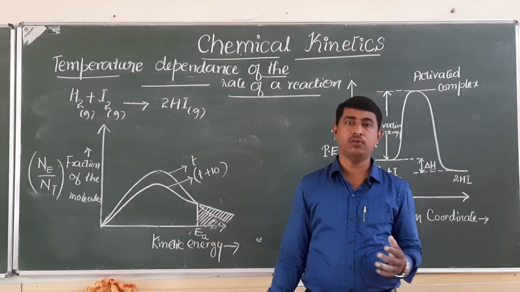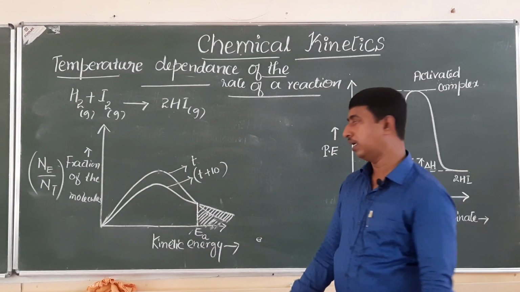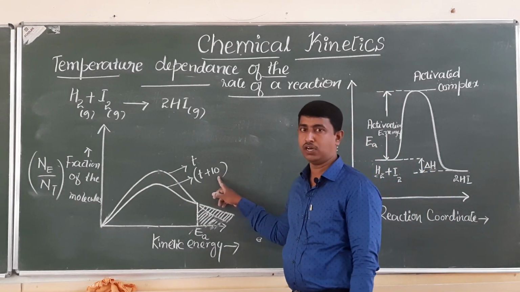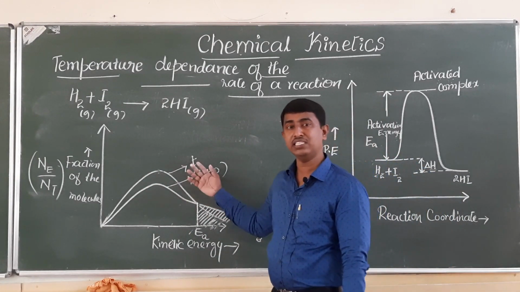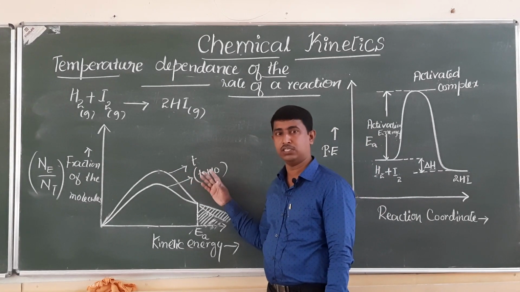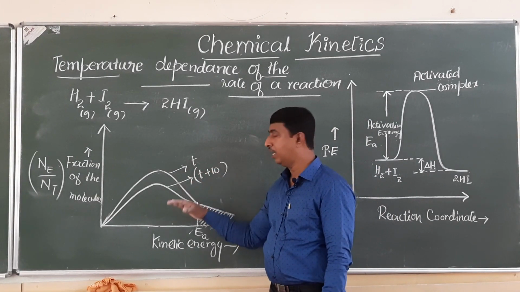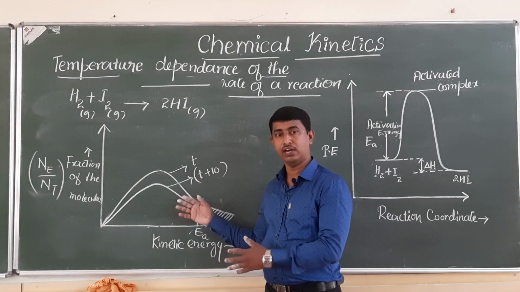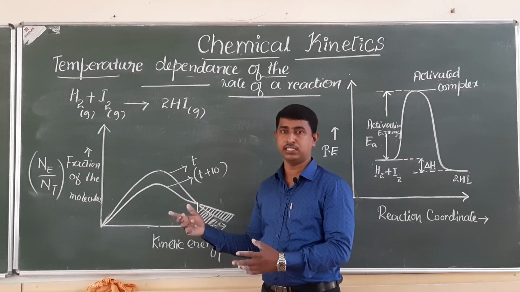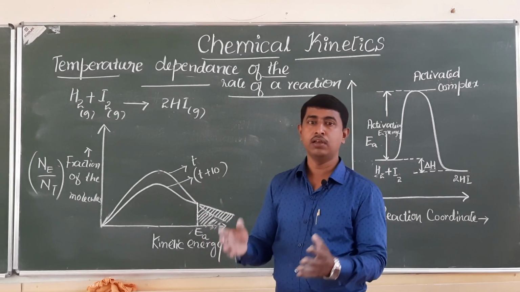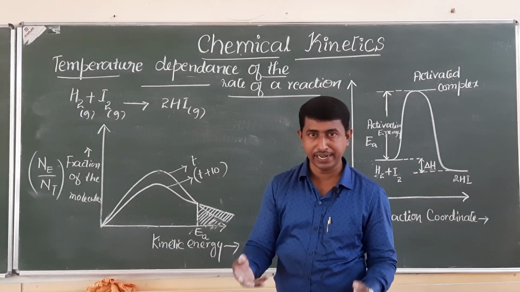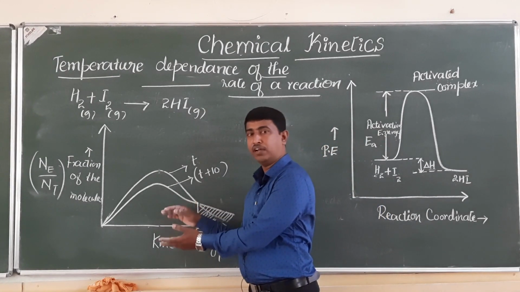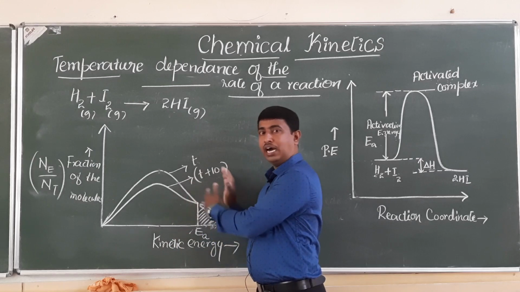Next, we shall explain what happens when we increase the temperature by 10 degrees Celsius or 10 Kelvin. The number of molecules with energy EA or greater than EA increases. As we increase the temperature, molecules gain more and more kinetic energy, thereby shifting from the lower energy side to the higher energy side.